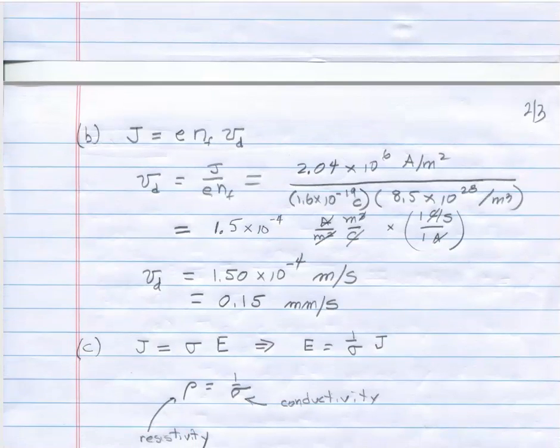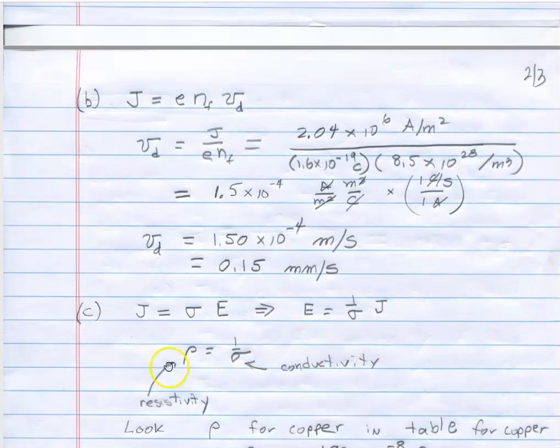Next part, you're asked to find the electric field, and you have to remember this relationship. We'd gotten this, I think, before break, that the current density is related to a constant here, sigma, which is the conductivity of the material, in this case copper, because it's a copper wire, times the electric field in the wire.